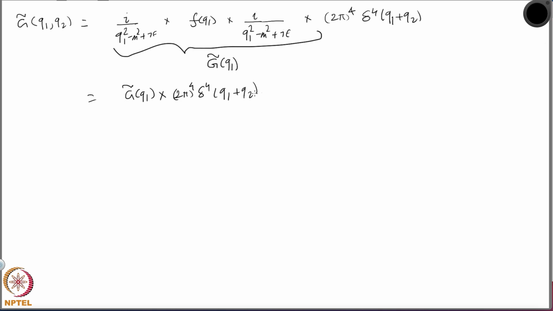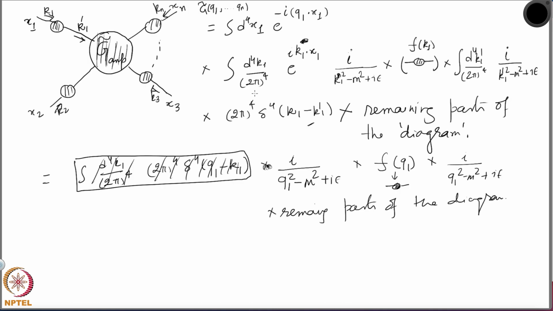Now you see that we had exactly this when I analyzed the general thing. The contribution from leg 1 was i over this propagator times f of q1 times again the same propagator, multiplying the remaining parts of the diagram.